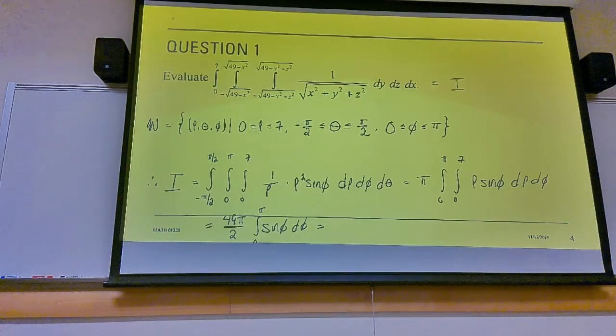I'm just looking for the integral of sine of phi from 0 to pi. Ignore the 49 pi over 2 for now. Negative cosine from 0 to pi, which is what? Negative 2. Positive 2. No, because it's negative cosine. Right, it'd be negative at... negative 2, which is positive 2. Yes. So that integral is 49 pi.